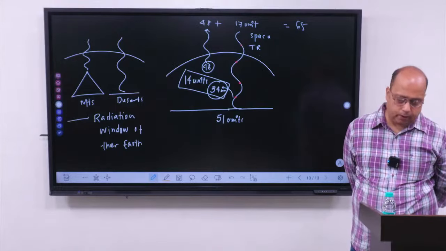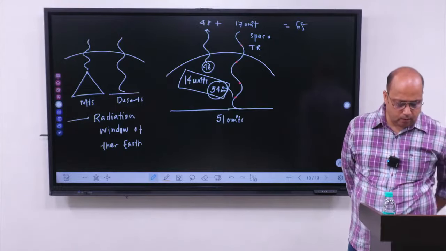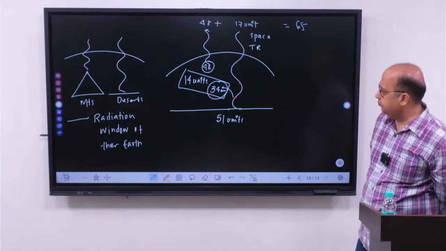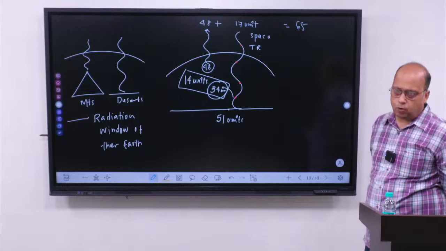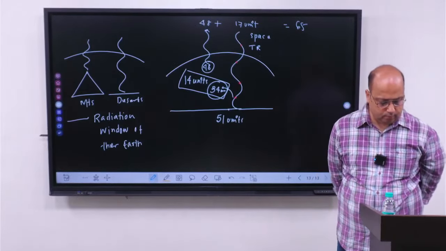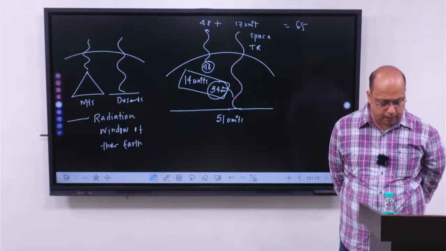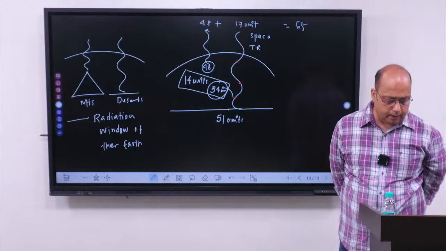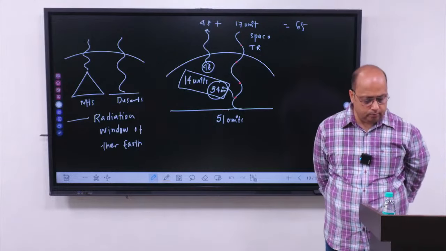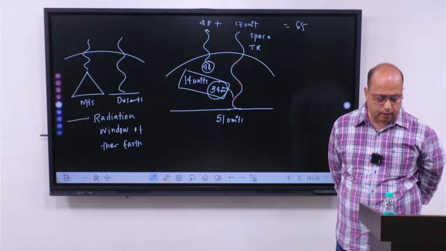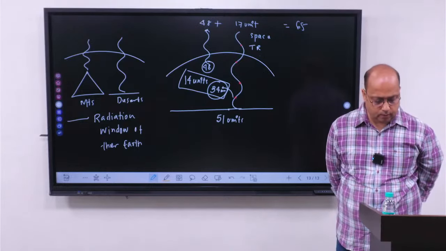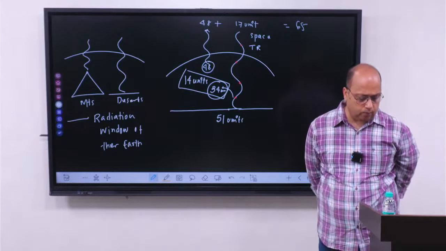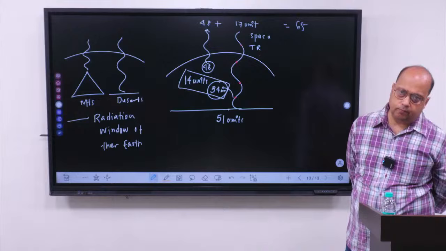Next point. Whereas 34 units are absorbed by atmosphere. Full stop. Right now, atmosphere has absorbed total units of 48.